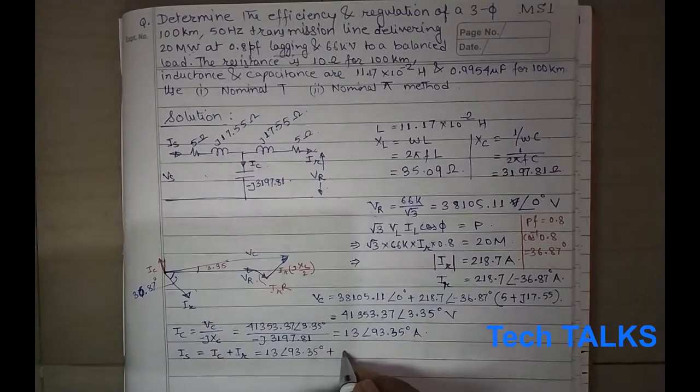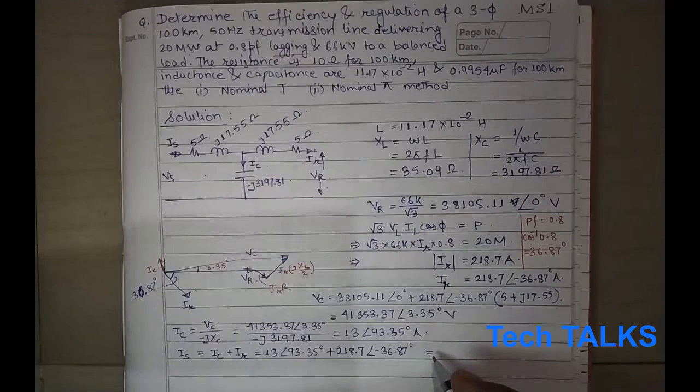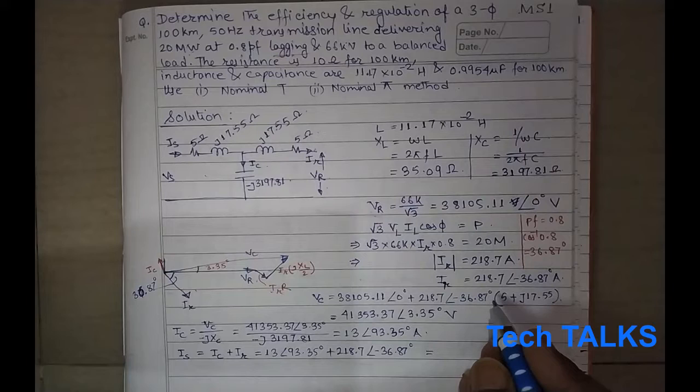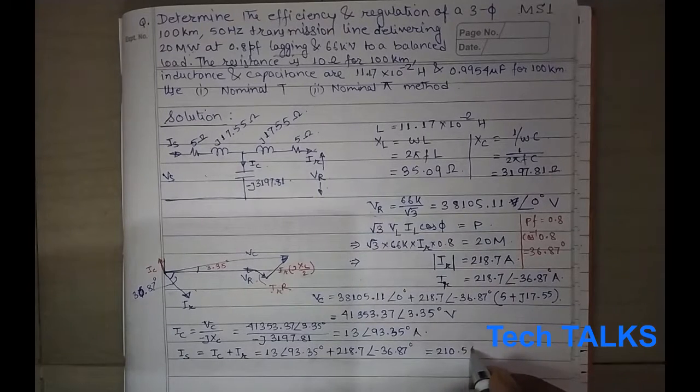IR is 218.7 at an angle of minus 36.87 degree. So this is equal to 210.54 at an angle of minus 34.16 degree ampere.